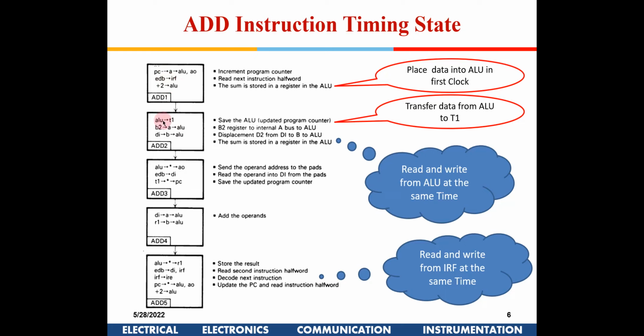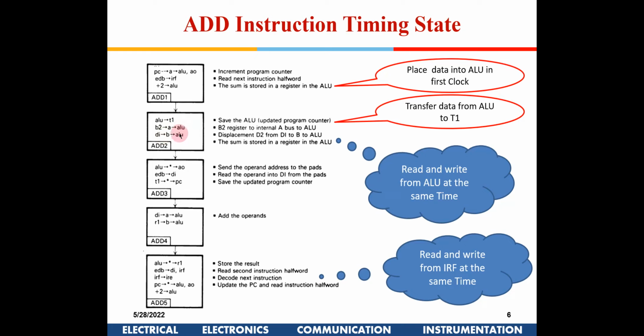Now we are taking into consideration that T1 is a register, and it requires the positive edge of the clock. So during the first clock these actions are happening. In the second clock, the contents of the ALU come to T1. Once we transfer the data from ALU to T1, we are going to put new data, B2 and DI, into the ALU for an addition.